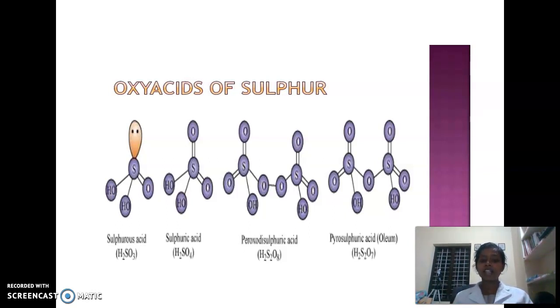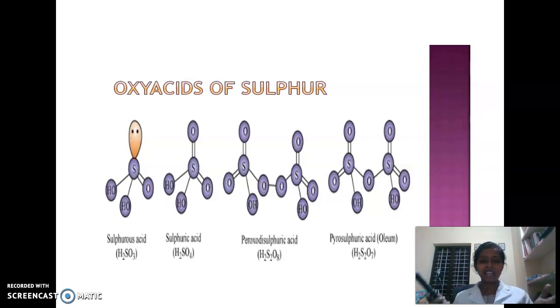In peroxodisulfuric acid, at one sulfur, 2 oxygen and 1 OH group are attached, with a bridge of 2 oxygen atoms. Then pyrosulfuric acid, where sulfur with 2 oxygen atoms and 1 OH group and 1 oxygen atom is bridged with another sulfur with 2 oxygen atoms and 1 OH group.